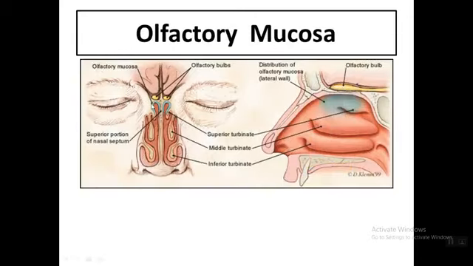We can see this is the olfactory mucosa. It is in the upper part of the nasal cavity, the roof, and the upper part of the nasal septum. From here, the olfactory nerves will pass through the cribriform plate of ethmoid to the olfactory bulb of the olfactory nerve.